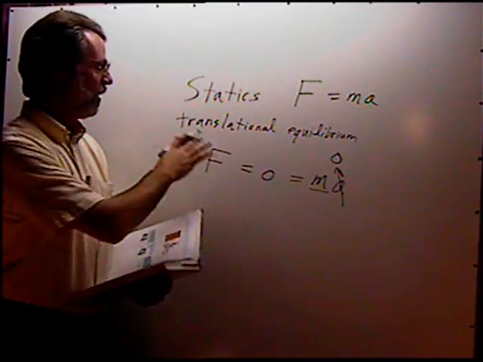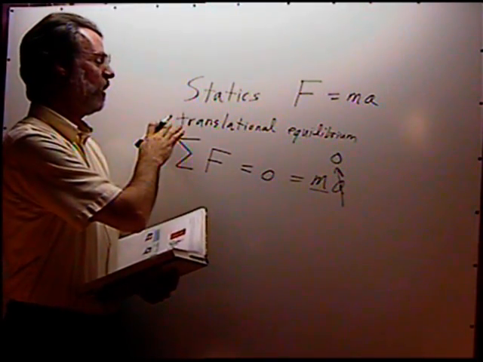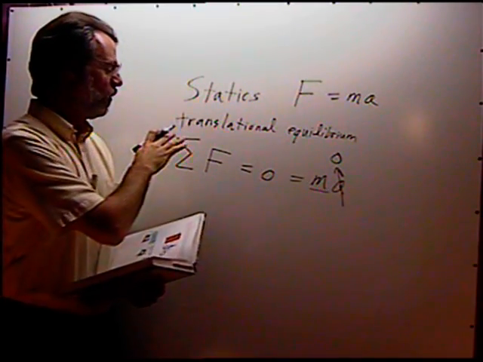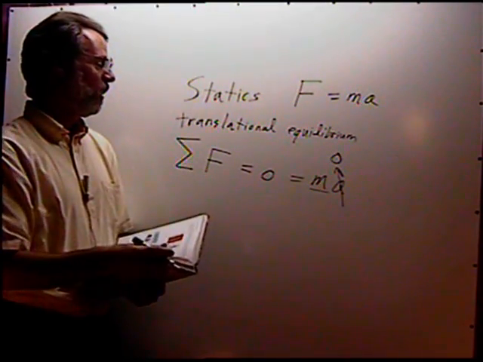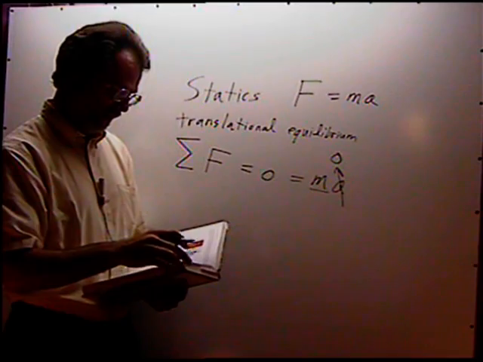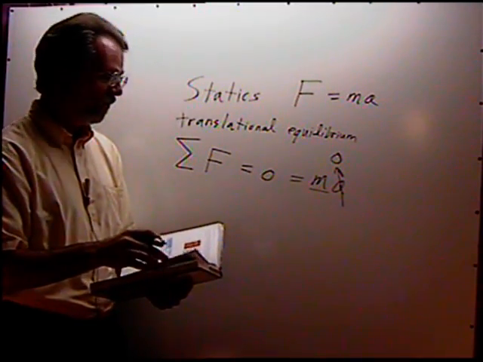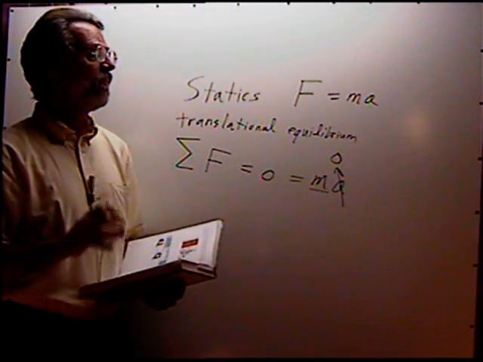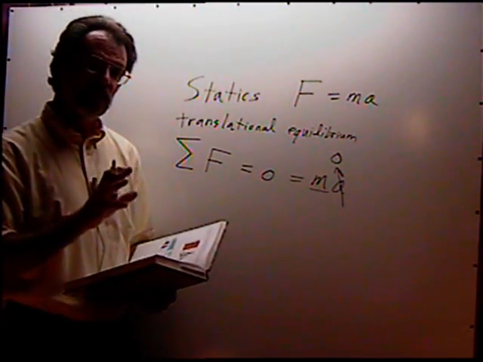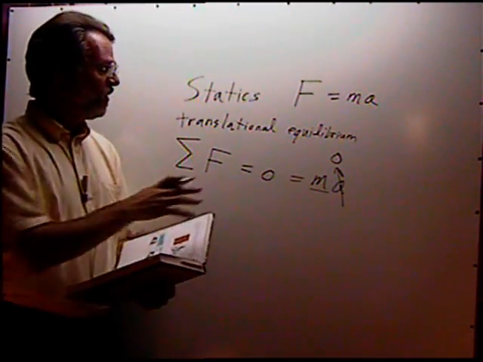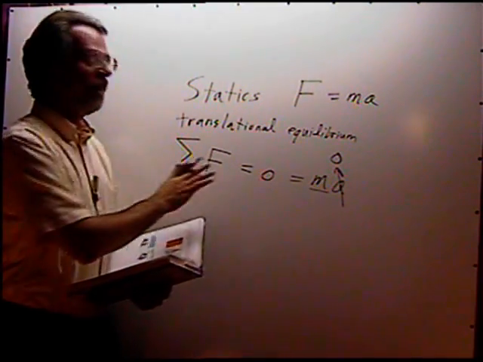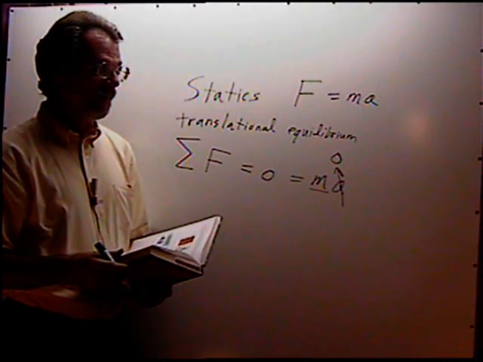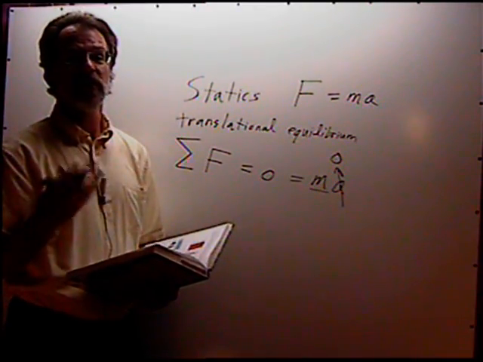So this is what we mean by translational equilibrium: the sum of the forces equals zero, and there's no net force on the object. Now we know from Newton's first law that it means there's no acceleration.